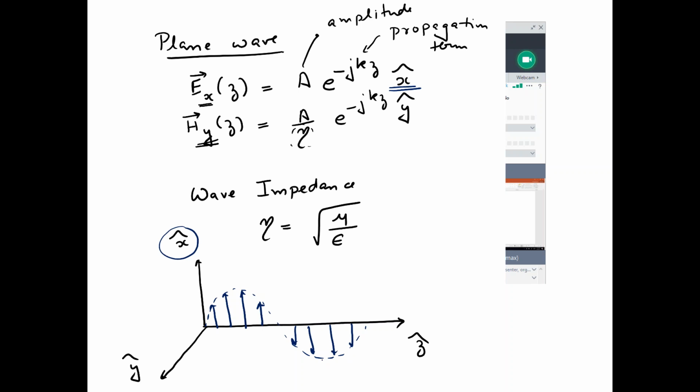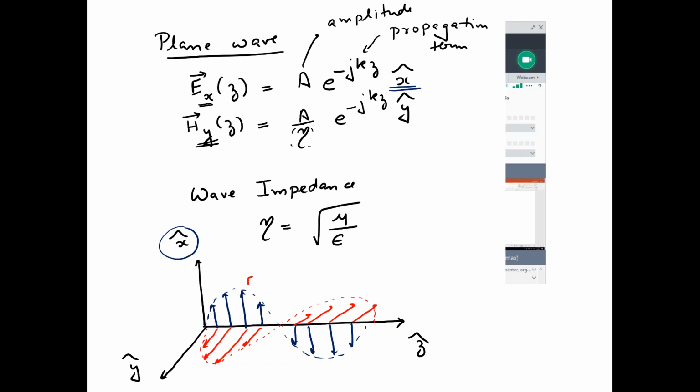And associated with that E field, there would be the H field, which would be pointing 90 degrees to that. It may or may not be in phase depending on whether mu and epsilon are real or have imaginary components.